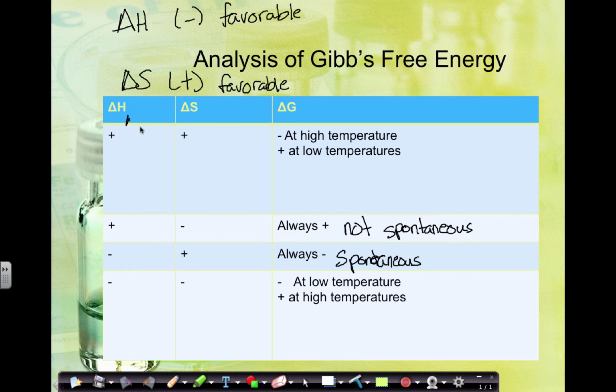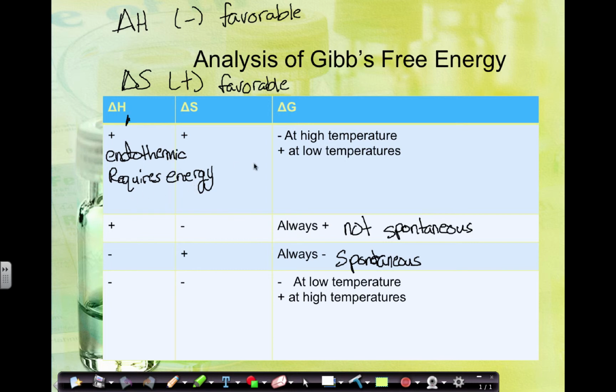So what I do is I look at delta H. Well, delta H is positive here, which means it's endothermic. So it requires energy, because you're going to put energy into the system. Temperature is one way to give it energy.